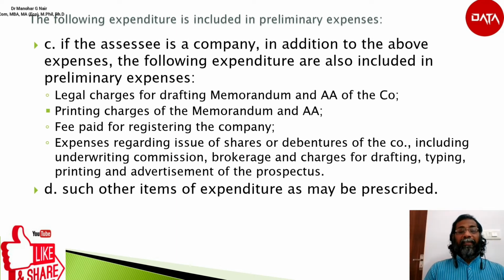And next point says, such other items of expenditure as may be prescribed. All these expenses could be included in preliminary expenses, and that could be divided into 5 equal installments and absorbed in 5 successive previous years.